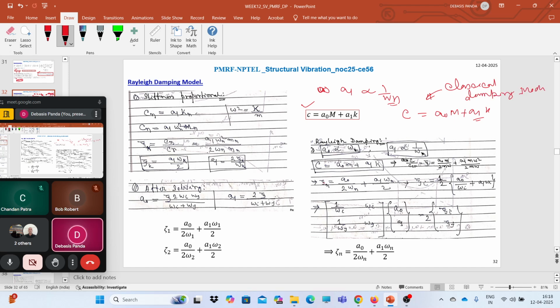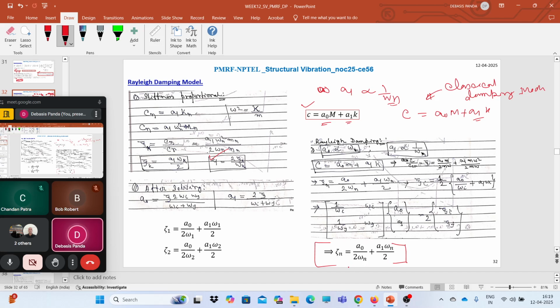So after all, what do you need to recall? What is the structure for the damping in the Rayleigh damping model? Zeta n is nothing but A naught by twice omega n plus A1 omega n by 2.